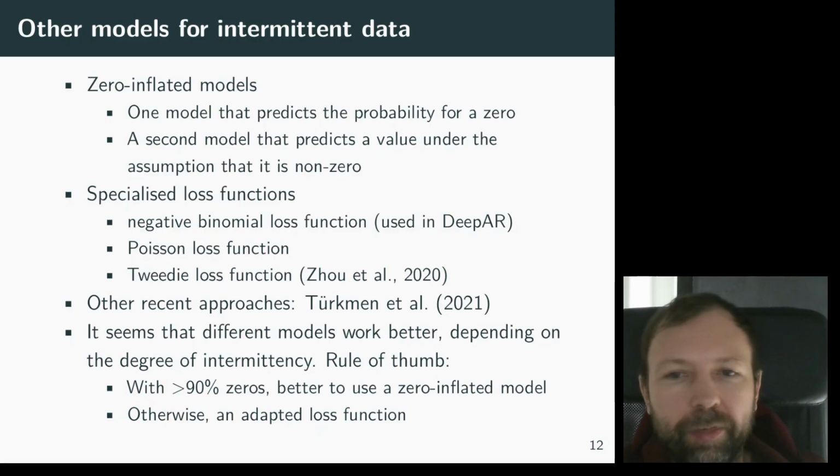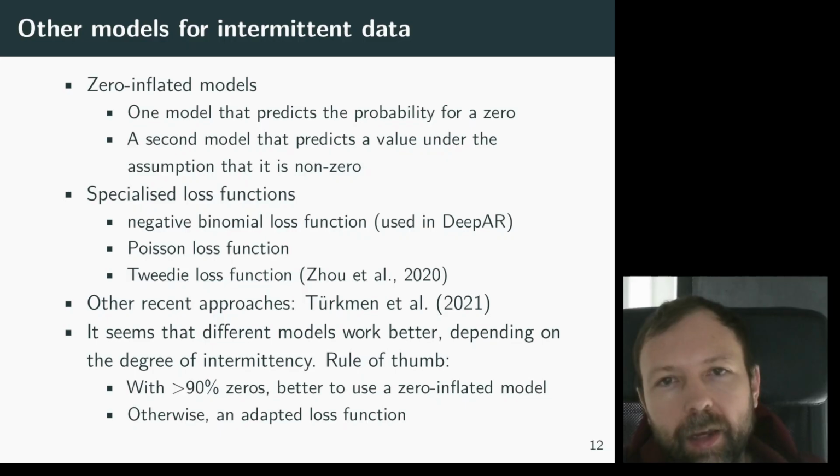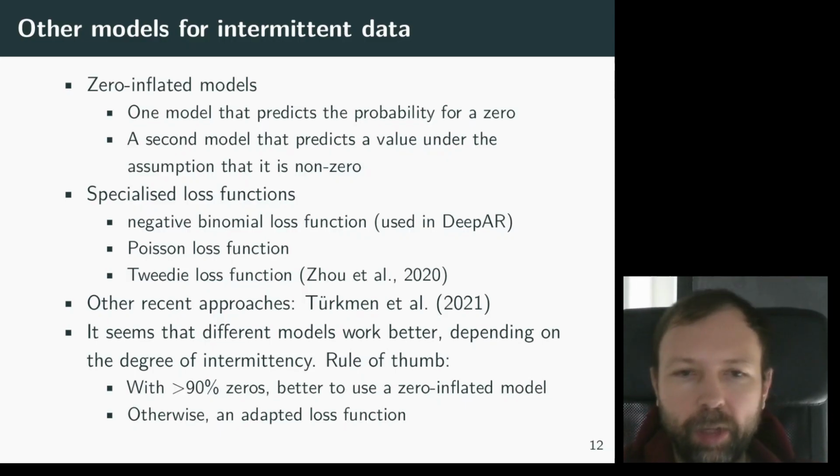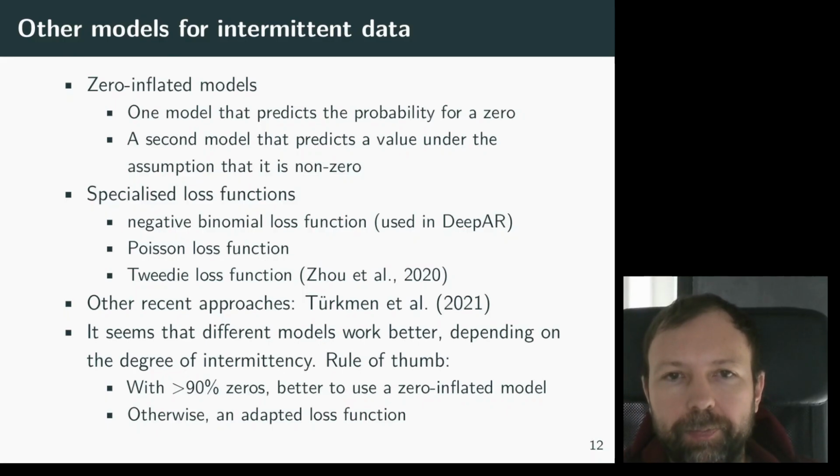And so as a rule of thumb, if you have greater than 90% zeros, it's probably better you use some kind of zero inflated type of model where you have two separate models. And if you have less than about 90% zeros, then an adapted loss function could work better.